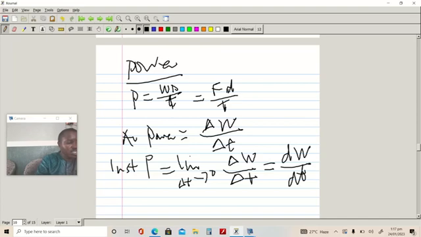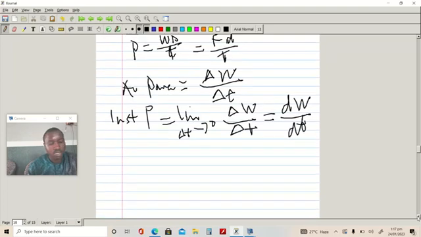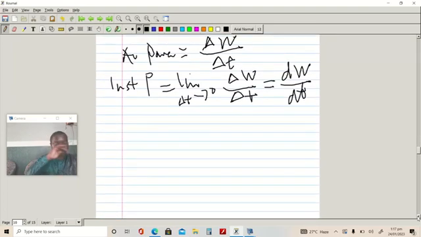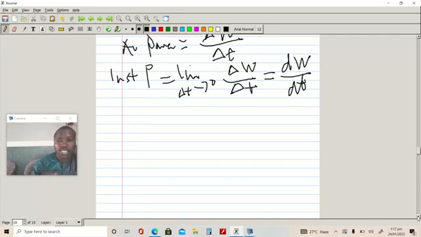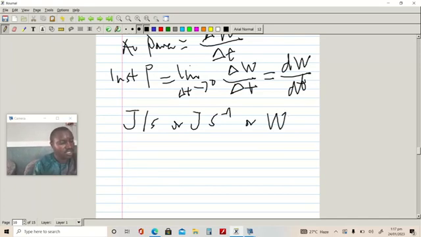So the SI unit of power is joule per second, because we are dividing work done or energy by time. We call it watts. So 1 joule per second is equal to 1 watt.